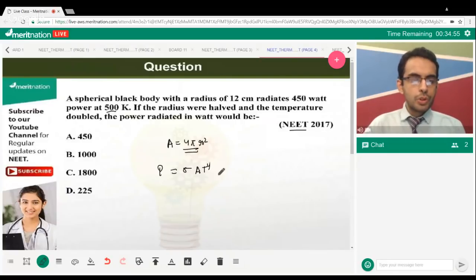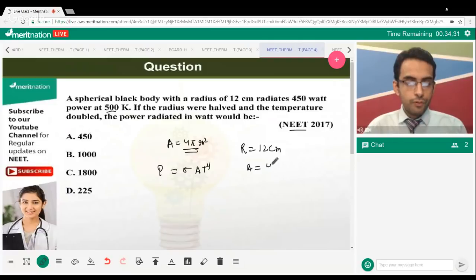Okay. So now initially A is how much? Let's say R is equal to 12 centimeter. So we can say that the surface area is equal to 4 pi into capital R square.